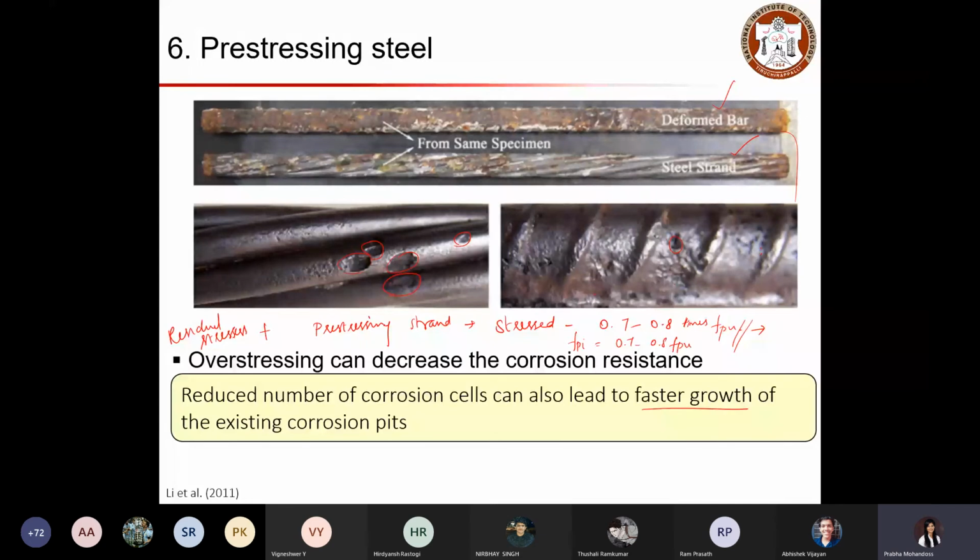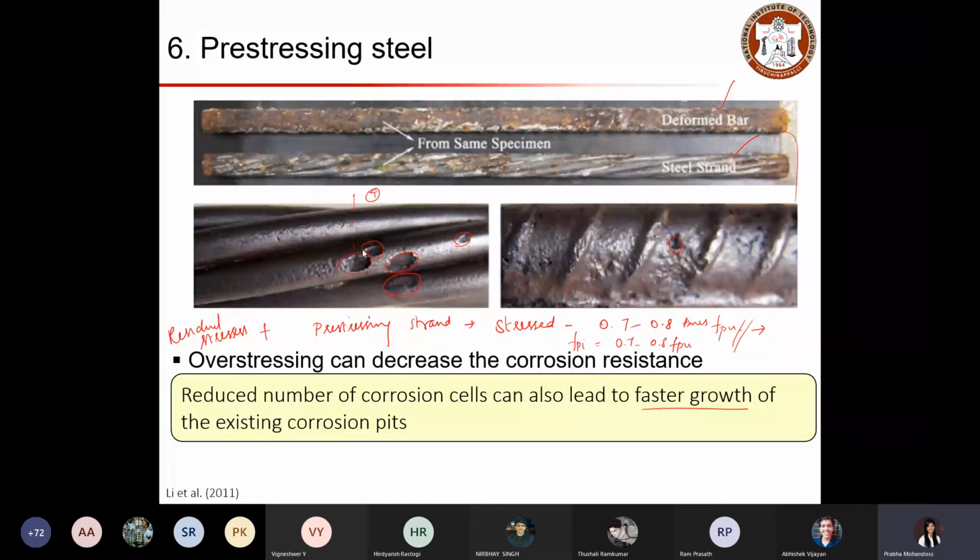Again, these are all on the same plane. At this particular cross section, if you look, you have 7 wires. Again, this is going to run along the way in a helical shape. So this has a tendency to affect the adjacent wires as it corrodes, and that is going to break this wire, and eventually the other wires will also break, which further reduces the strength of the strand itself.